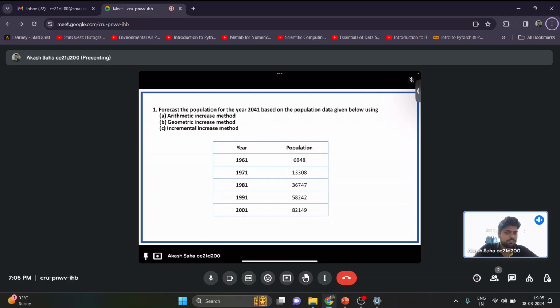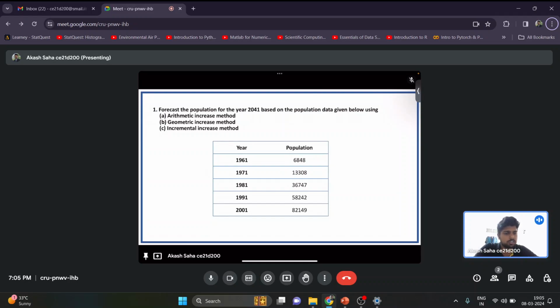We have been given the populations for 5 different years, from 1961 to 2001, at intervals of 10 years. So per decade, the population has been given, and you have to forecast the population for the year 2041.